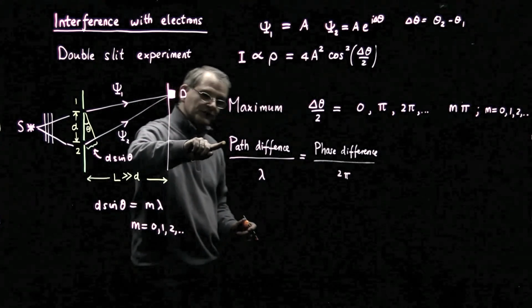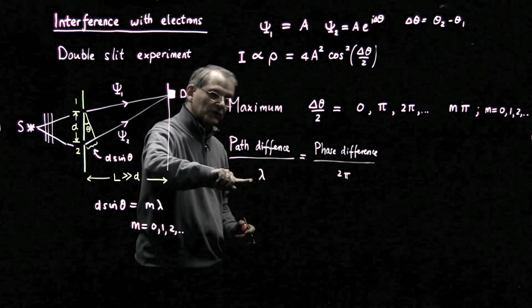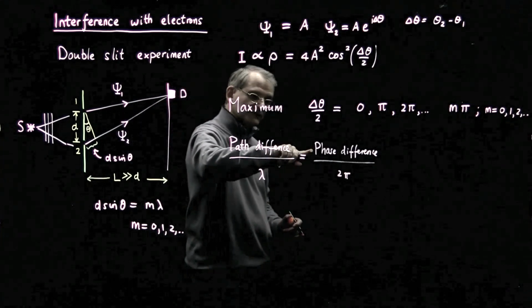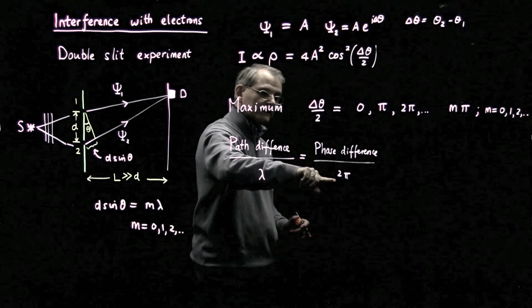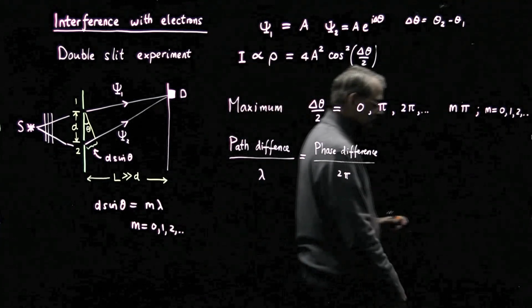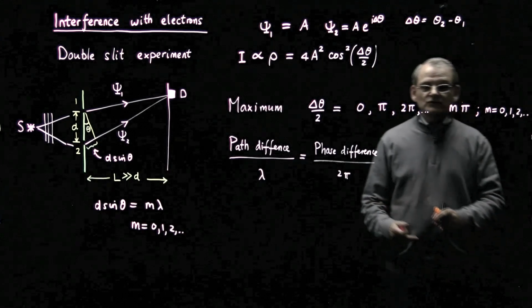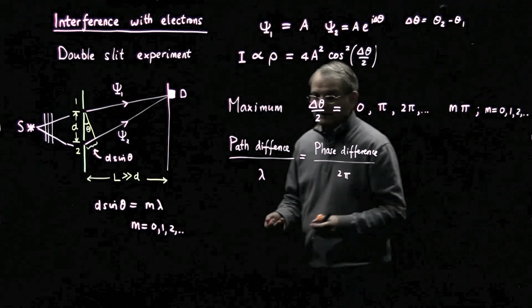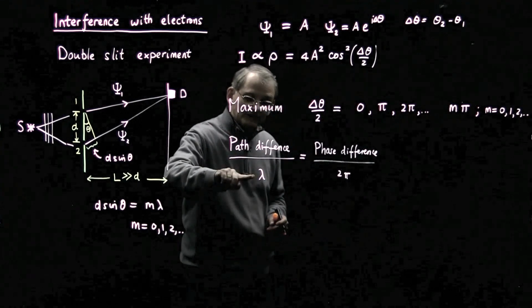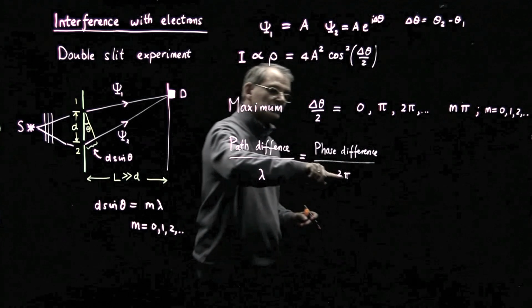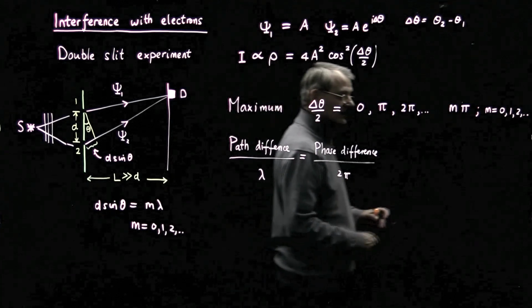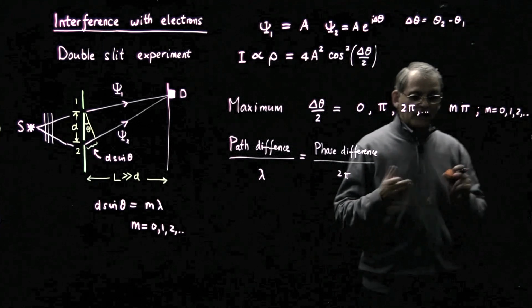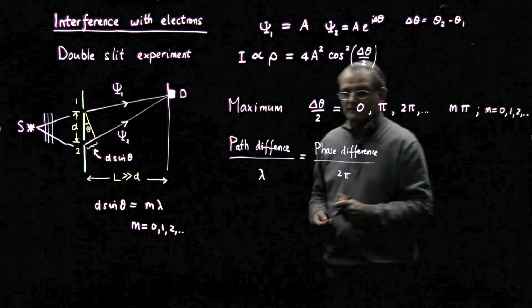If the path difference is equal to 1 wavelength, the phase difference must be exactly 2 pi, because a path difference of 1 wavelength means you've gone through 1 complete cycle, or 360 degrees, or 2 pi. If the path difference was half a wavelength, the phase difference would be half of this, which would be pi, which means the wave will in fact be inverted.